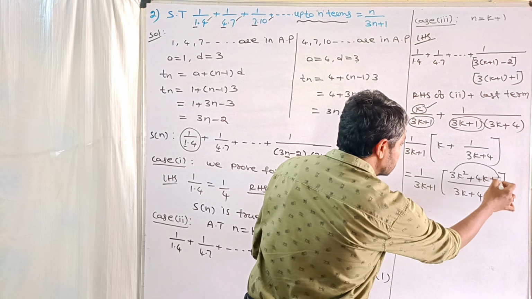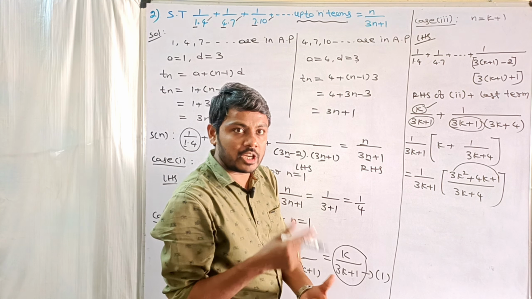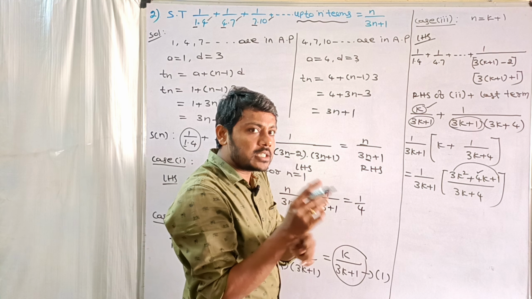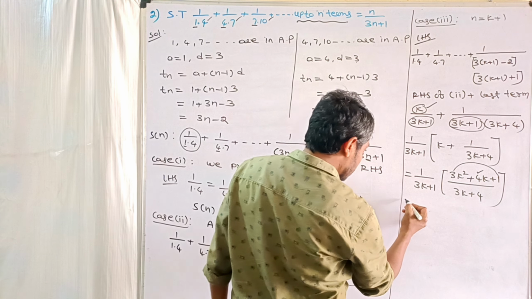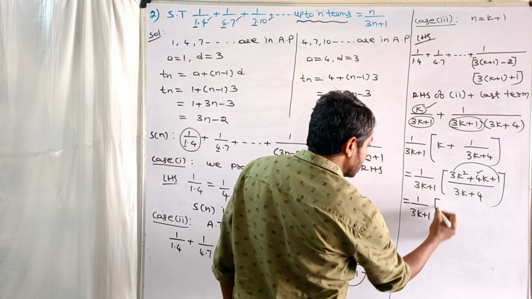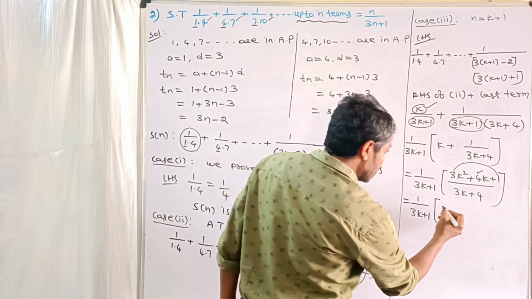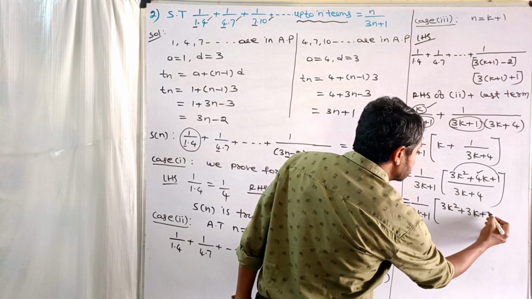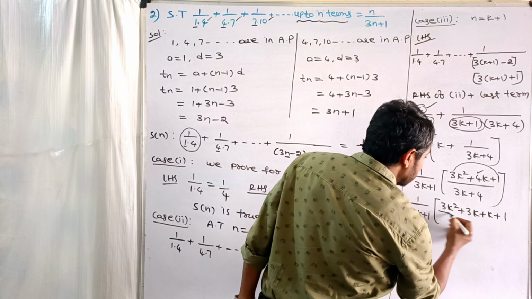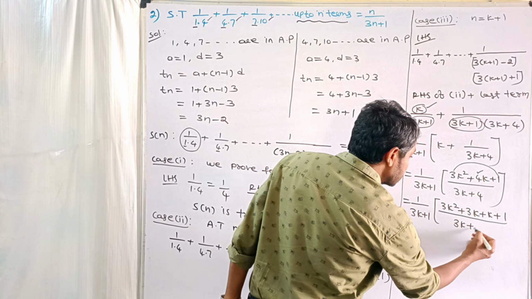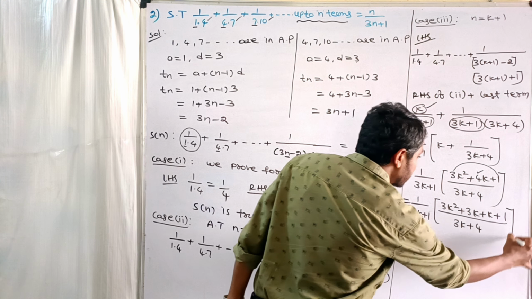So we can do factors again. Multiplying these two, 3 into 1, 3, 3 plus 1, 4. So write 4k as 3k plus 1k. 1 by 3k plus 1 into (3k square plus 3k plus k plus 1), divided by 3k plus 4.